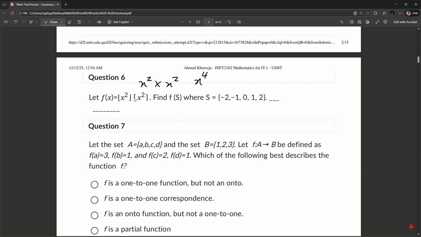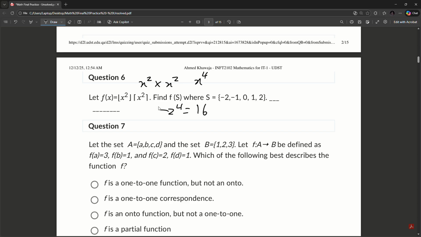And when it comes to something that has a power, the negative becomes a positive, because a negative multiplied by a negative gives a positive integer. So minus 2 to the power of 4 equals 16.